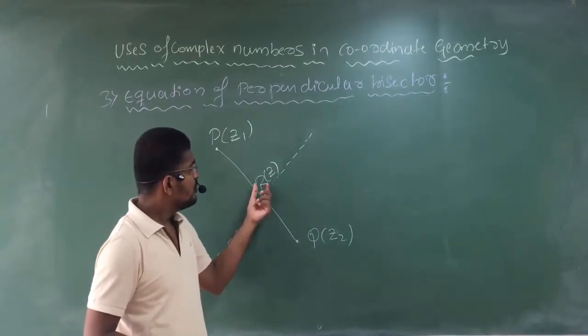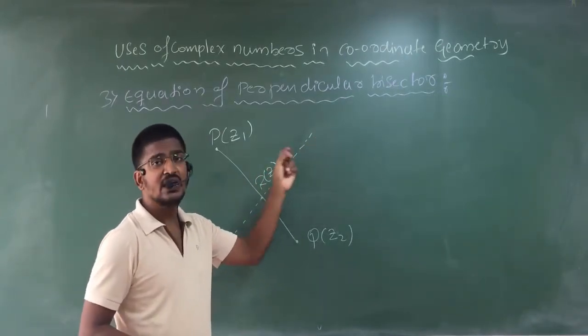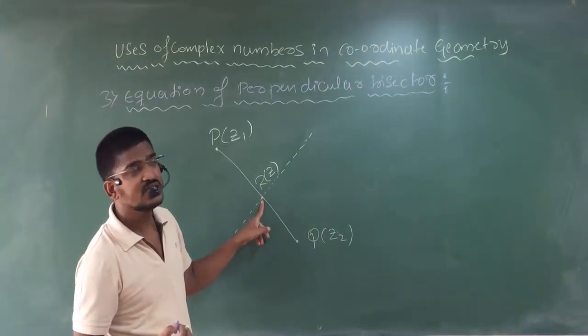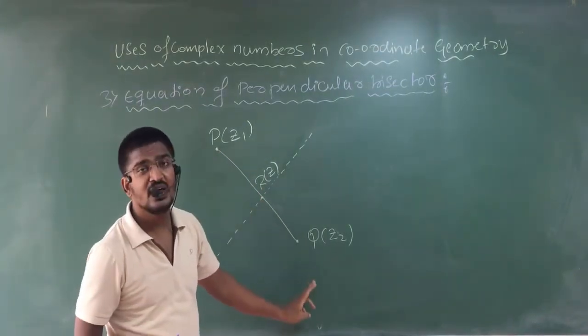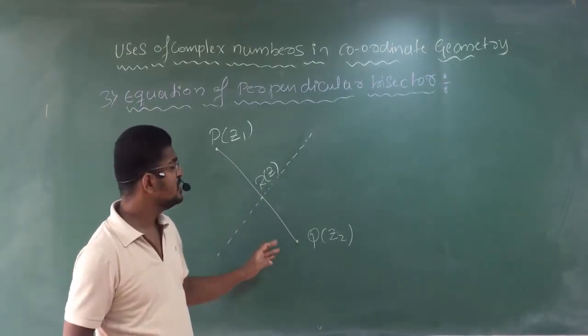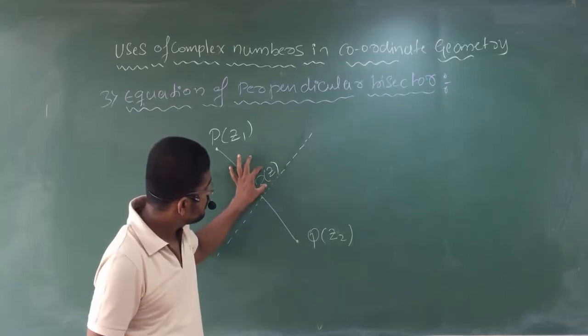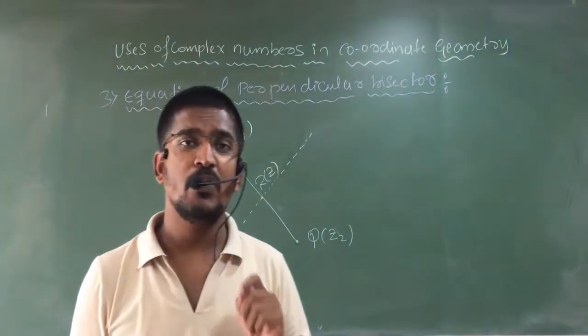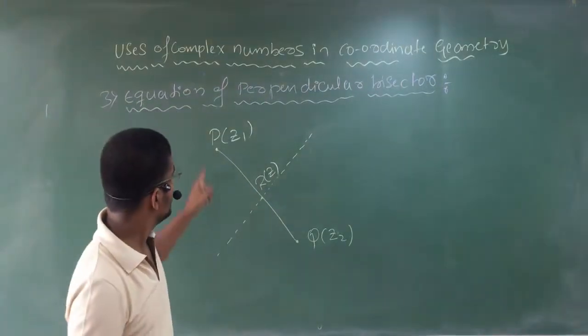So the path of R of Z is always equidistant from P and Q. Then we say the path drawn by R of Z will be the perpendicular bisector of the line PQ.